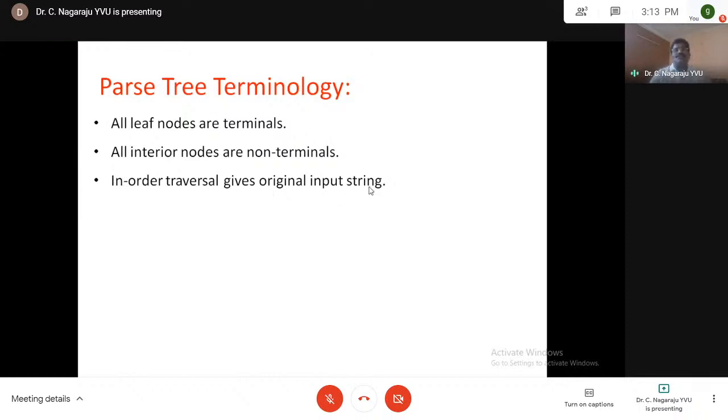When you are given a stream of tokens, we can write it like this: C is equal to A plus B. Here C is an identifier, equal to is an operator, A is an operand identifier, plus is an operator, and B is another operand, and then a semicolon.